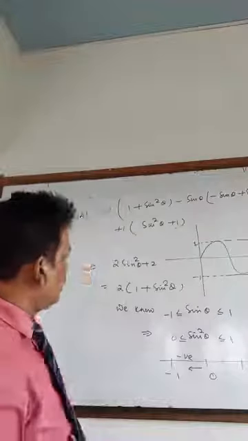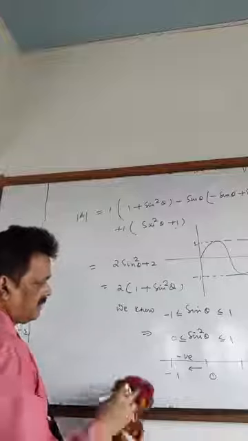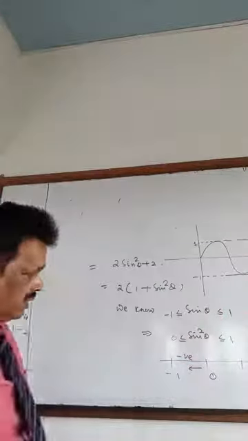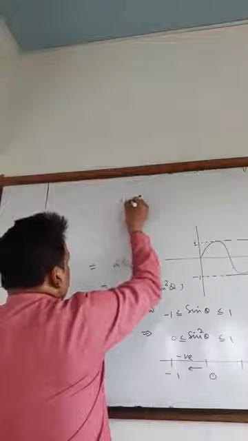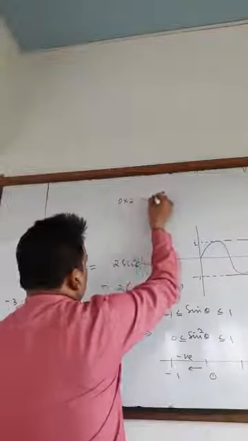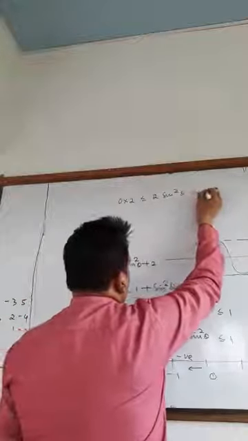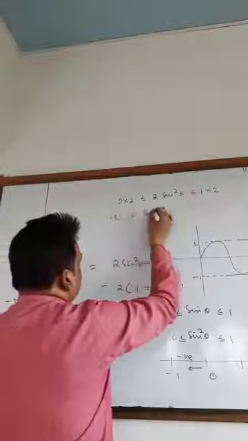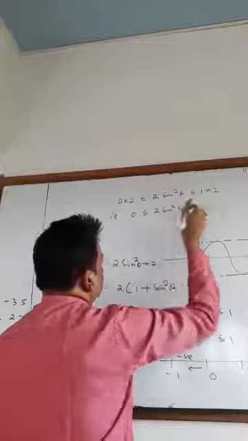Okay, then what you need? 2 sine square theta plus 2. That means we need to multiply by 2: 0 less than or equal to 2 sine square theta less than or equal to 2.